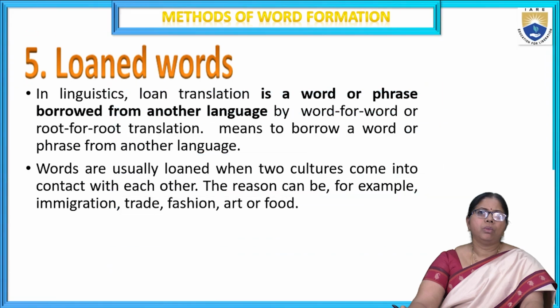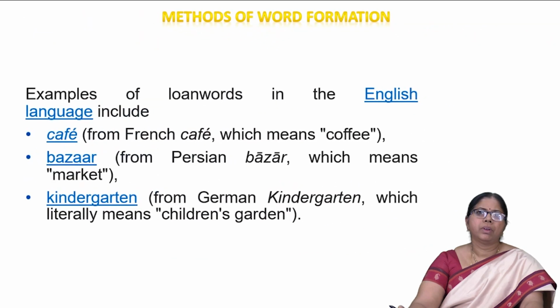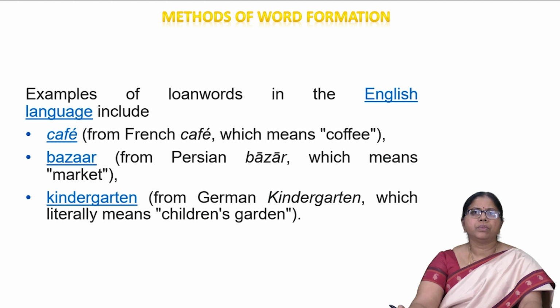So, what are loan words? Let us see some examples of loan words which we use in the English language, like cafe. Cafe is a loaned word which doesn't belong to English. We have borrowed it from French.